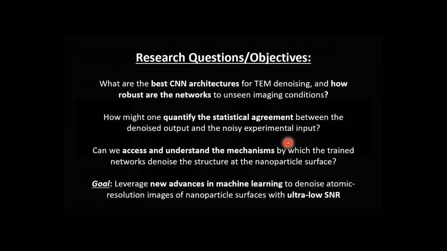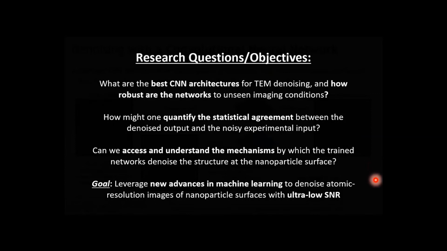So some of the questions that we want to address with this work are, what are the best architectures for doing this? That's not a given, and we need to investigate that. How robust are the networks to unseen imaging conditions? If we train the network at a particular defocus, is it going to work on other images of a different defocus?